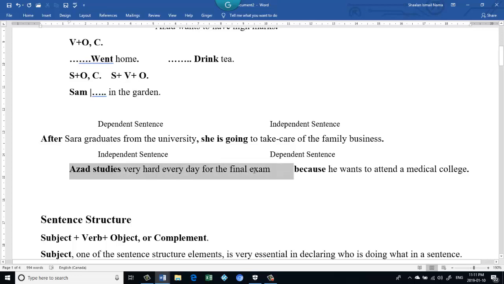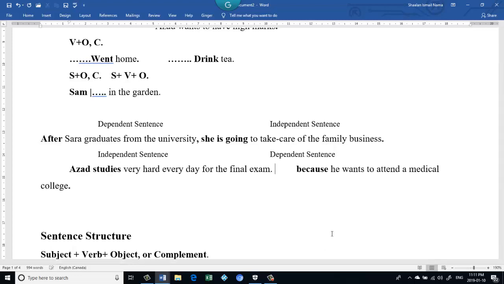If we have this sentence like this, I have to put something here to close the sentence. It means it's okay. In this case, this sentence is perfect. There is no problem with it.